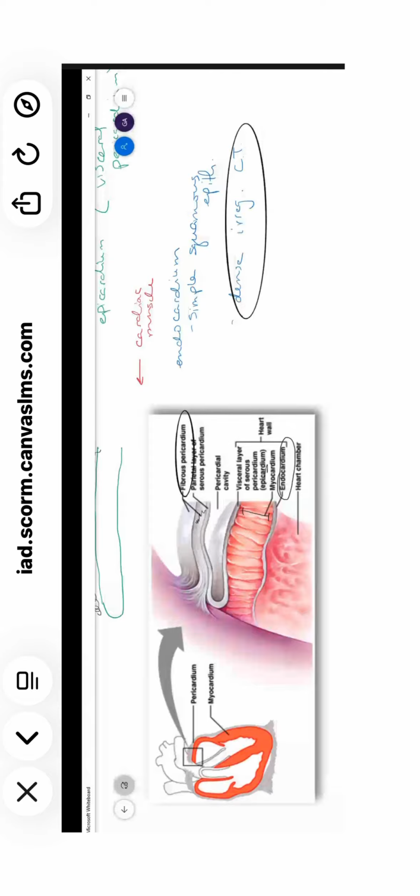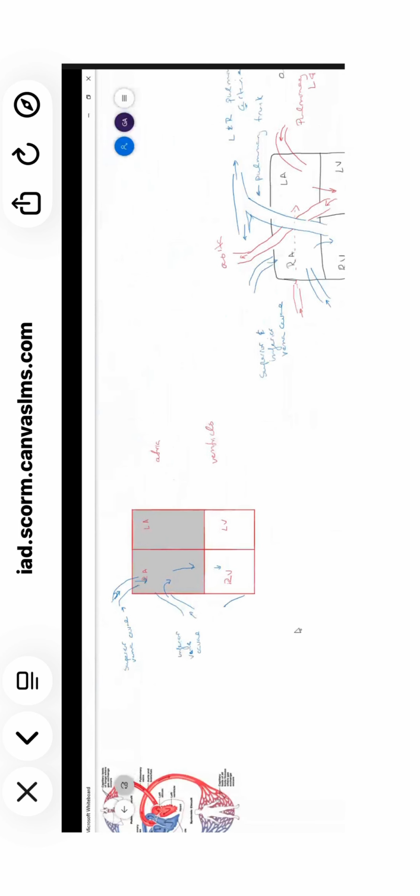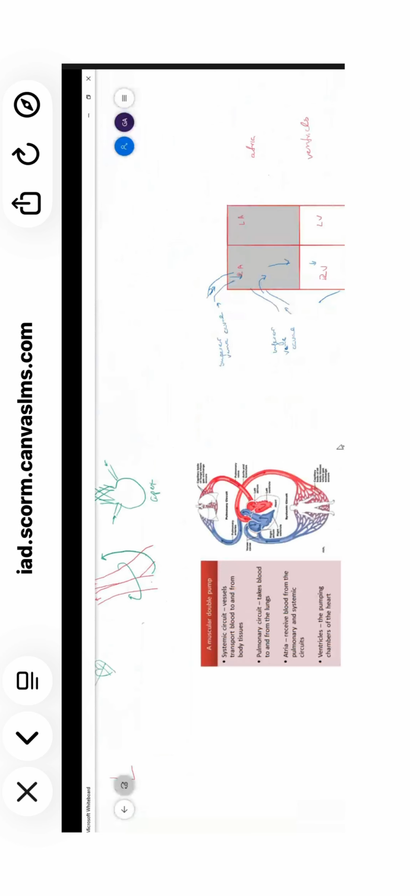So just quickly, let's recap that path of blood through the chambers of the heart. All right, everything we're going to talk about is going to be synchronized to this. Two ideas kind of tie everything together.